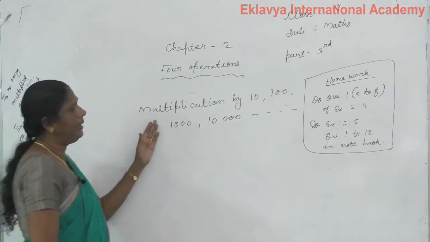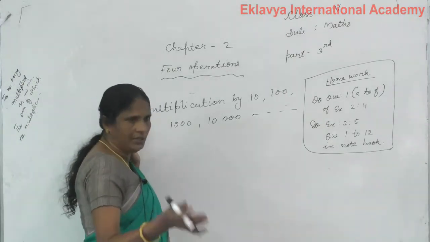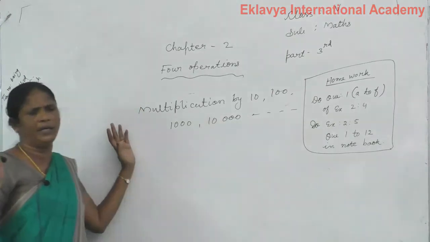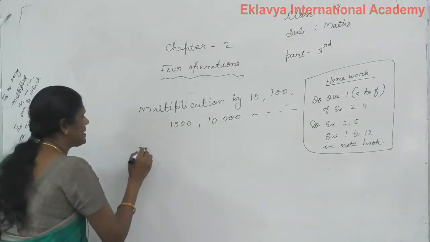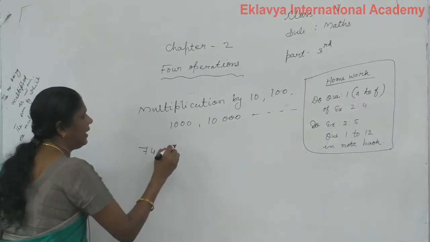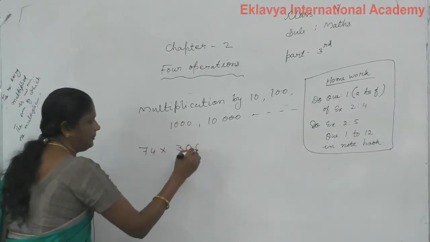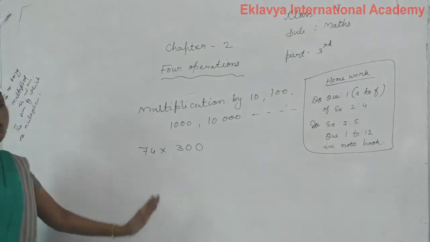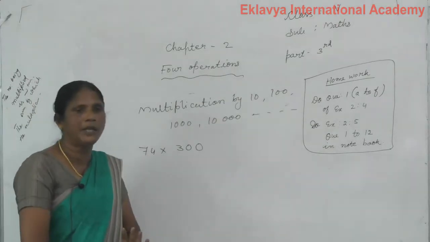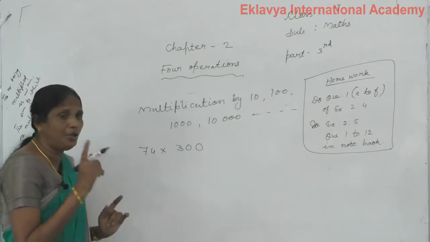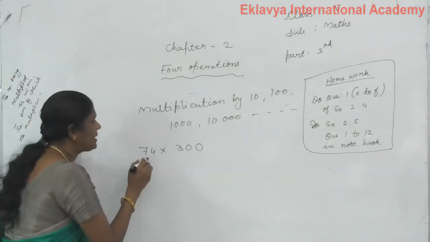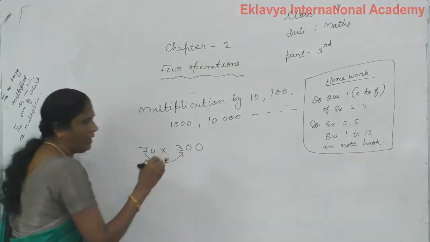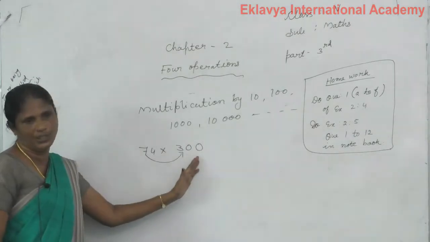Then multiplication by 10, 20, 30, 300, 500. Suppose, for example, 74 multiply by 300. First you multiply only 74 and 3. You don't take these zeros.